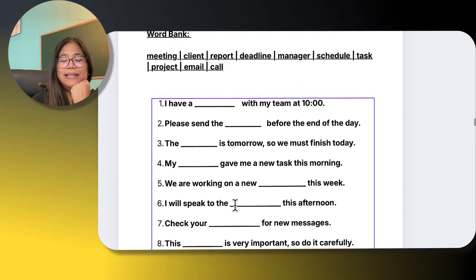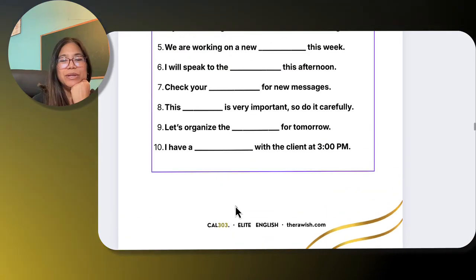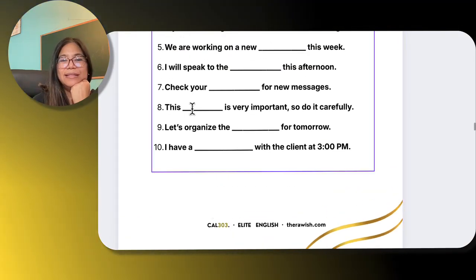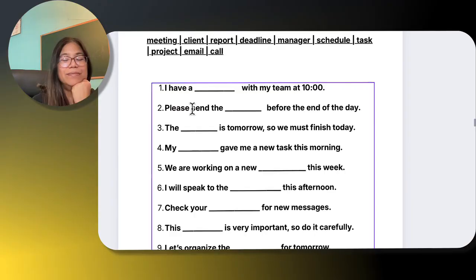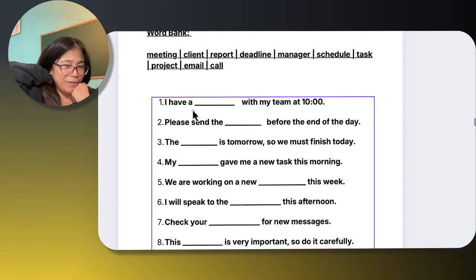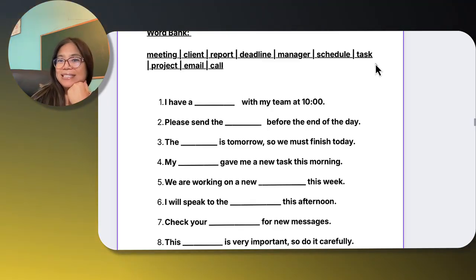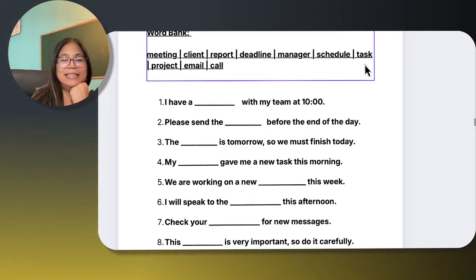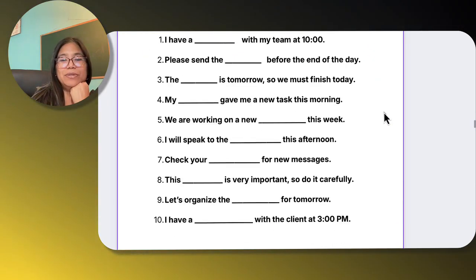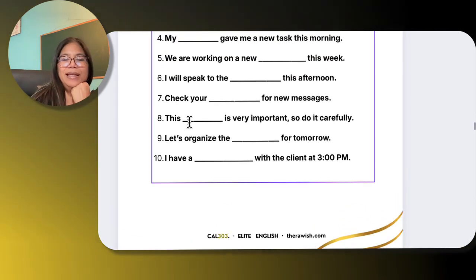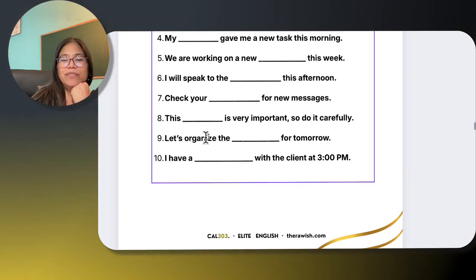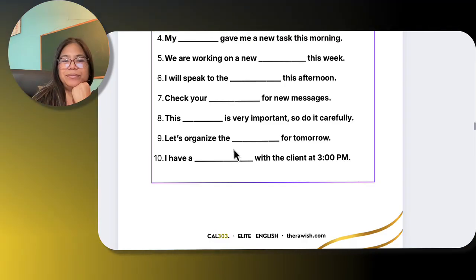This is very important, so do it carefully. This, what would you have to do carefully? Well, it can be a job, right? But in this case, we will call it a task. This task is very important, so do it carefully. Let's organize that for tomorrow. The what for tomorrow?